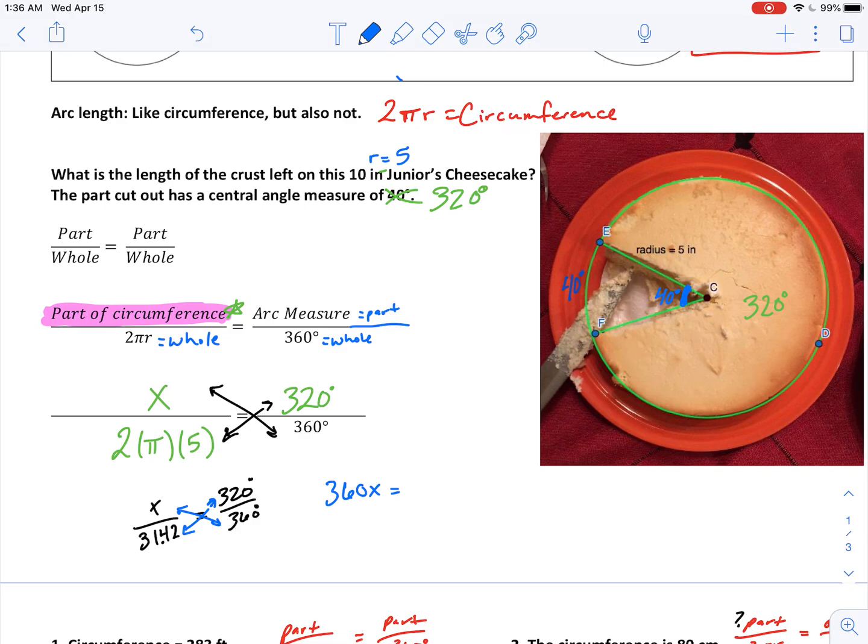And then we can cross multiply. So let's cross multiply, and then we can solve. 360x equals 31.42 times 320. It's going to get me 10,054.4. So to get x by itself, I can divide by 360.